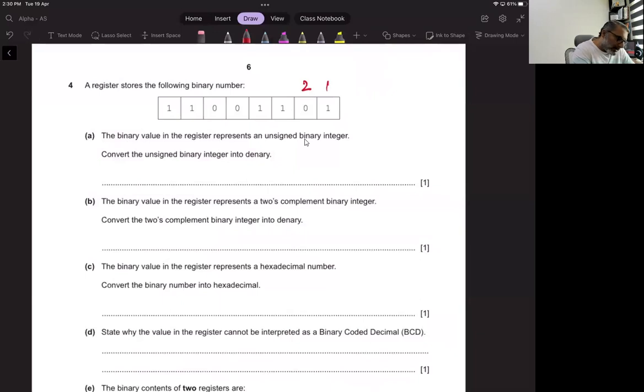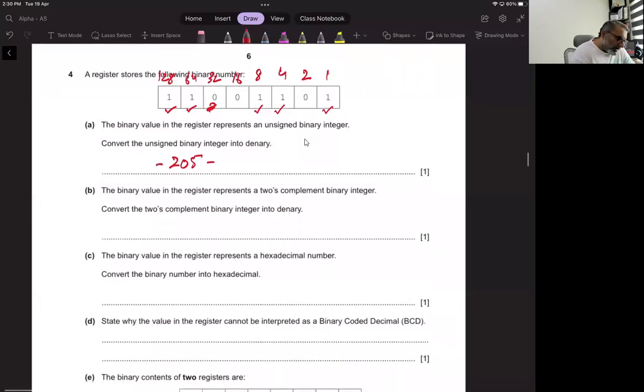If it is unsigned binary integers, this is 128 plus 64, 192 plus 8, 200 plus 4, 204 plus 1, 205.